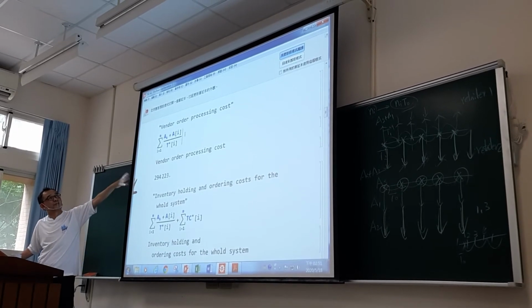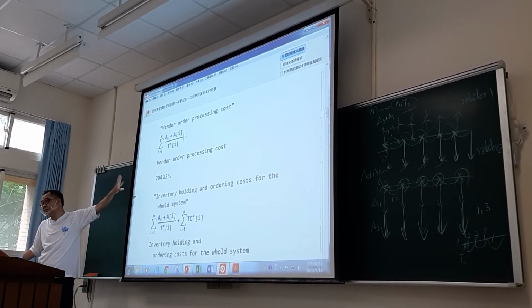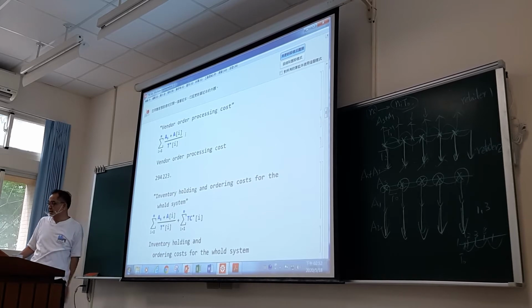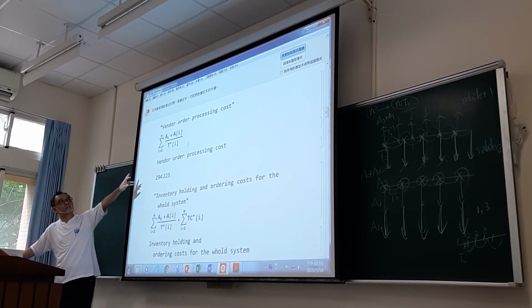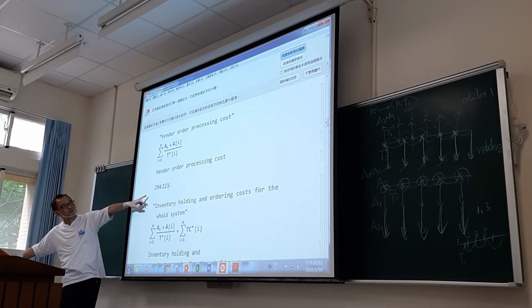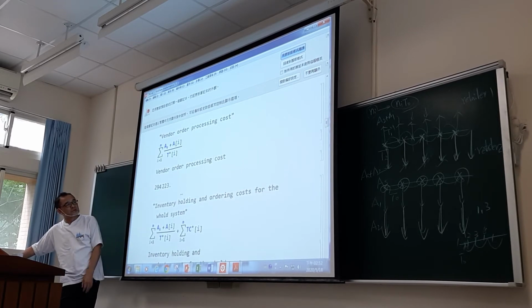That's also before the CRE, right? In the paper, there's a comparison of the total cost before and after CRE. So we need to calculate the total cost for the vendors before CRE. Okay? So the result here is the 294,223.